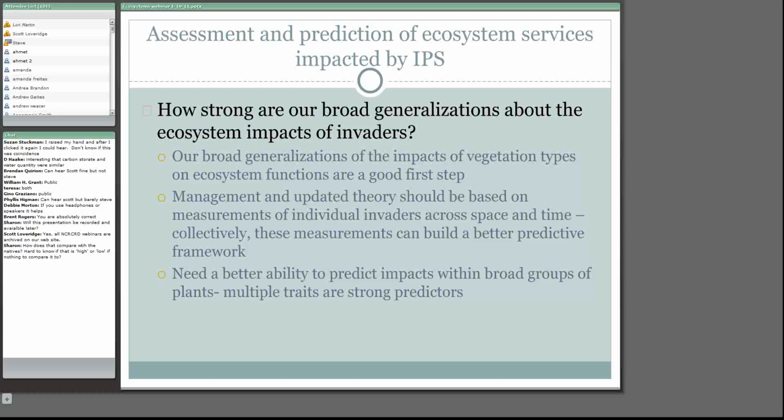Management and updated theory should be based on measurements of individual invaders across space and time. If we put these together, I think we start to build a better predictive framework. We need a better ability to predict impacts within broad groups of plants with multiple traits that are very strong predictors.